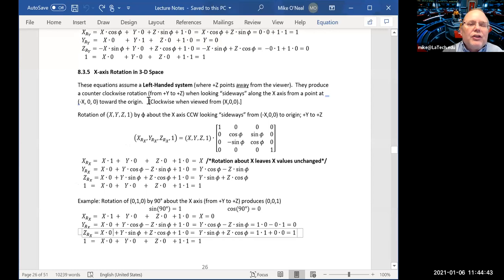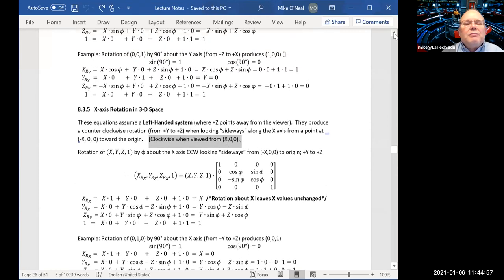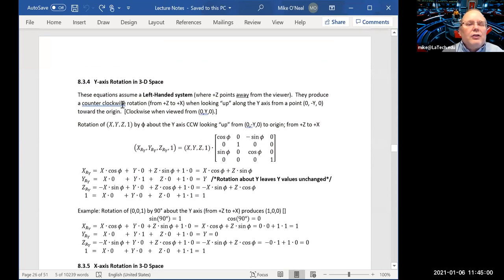But notice these other little things I say here. If it's counterclockwise when viewed from negative x, 0, 0, then it'll be clockwise when viewed from positive x, 0, 0. And the same thing here. This was counterclockwise when viewed from minus y. It'll be clockwise when viewed from positive y.